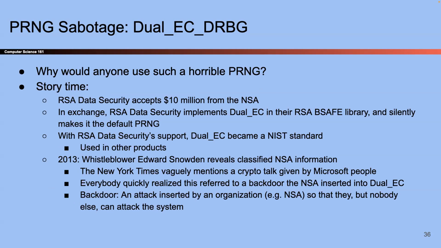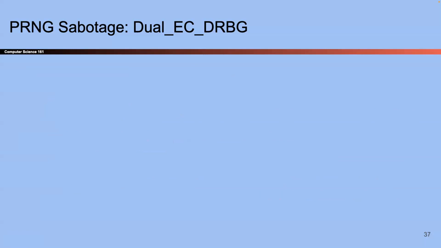By backdoor, I mean that those numbers were specially chosen so that they had a way of breaking the security of this scheme that other people didn't. So, ooh, scary. I think this is not actually confirmed, so I don't want people knocking on my door. It's allegedly true, but apparently people tend to believe that this actually did happen.